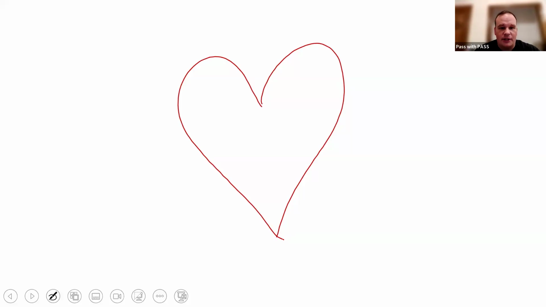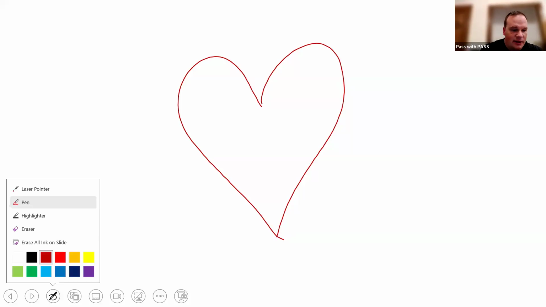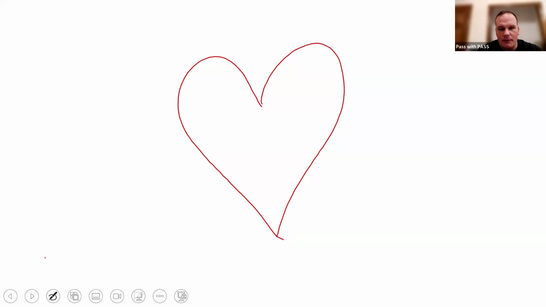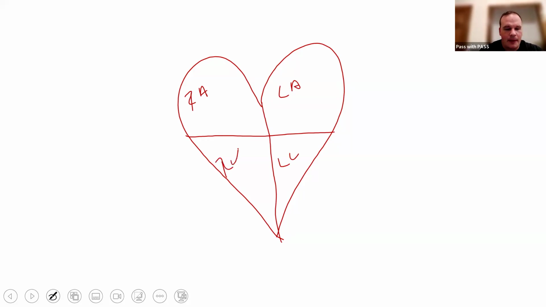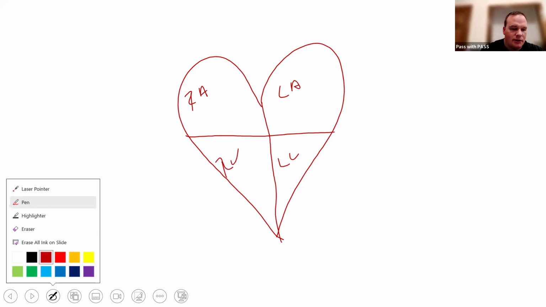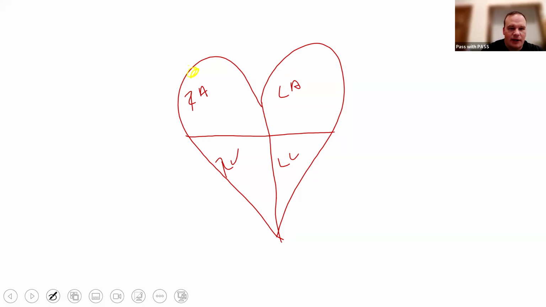So that's your heart, right? That's exactly what everybody's heart looks like. And so there's my four quadrants, right? Right atrium, left ventricle, right ventricle. So when we have a patient, a normal patient fires from their SA node down the internodal atrial pathways that I just drew there to their AV node, to their bundle of His, down their bundle branches, and into their Purkinje fibers, which innervate the ventricular muscle.